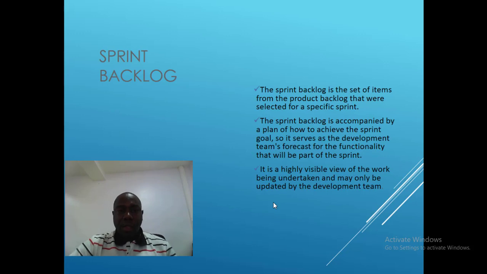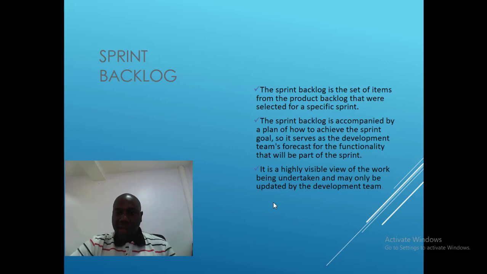All right. The sprint backlog is the set of items from the product backlog that were selected for a specific sprint. So it's just like a mini requirement for a particular sprint. It is a subset of the product backlog, and it is accompanied by a plan of how to achieve the sprint goal.